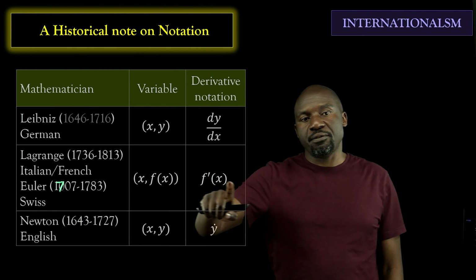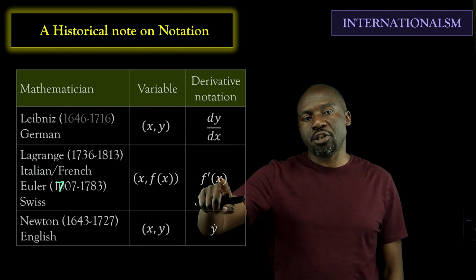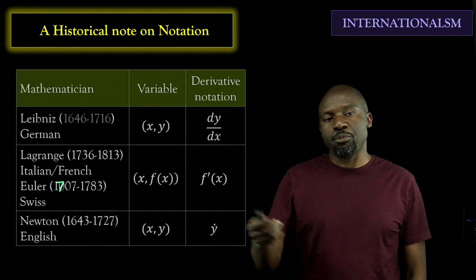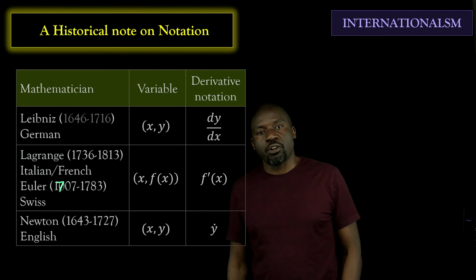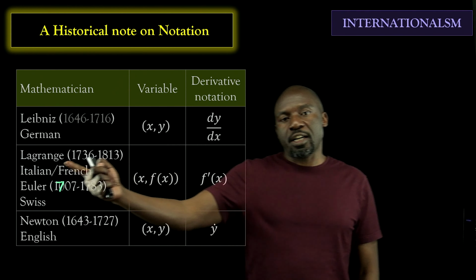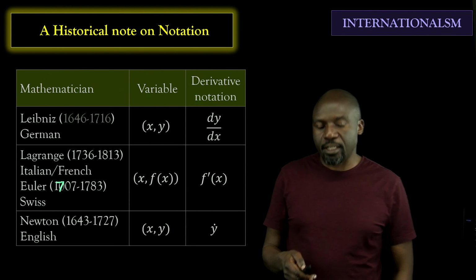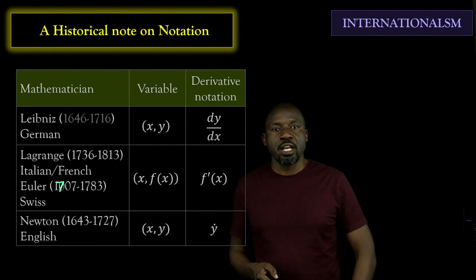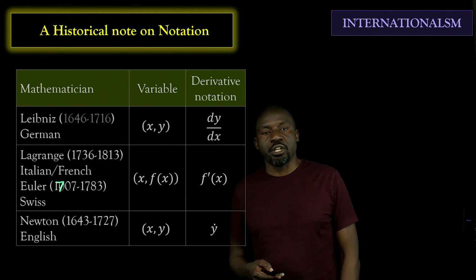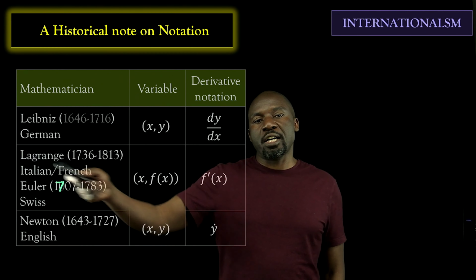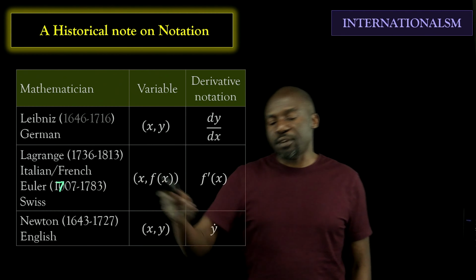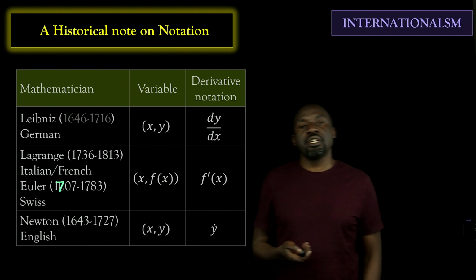So he actually devised this notation, but we normally attribute the notation to the Italian gentleman called Lagrange. Lagrange was an Italian, but was naturalized in France, and so he's a French Italian mathematician. So he merely popularized the notation, which was actually invented by Euler, who was a Swiss mathematician.